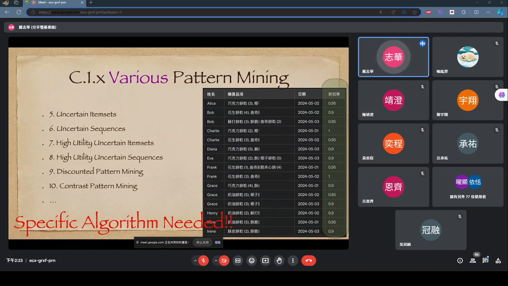But this kind of mining task is very useful, but it's not that well known, like classification or even clustering.